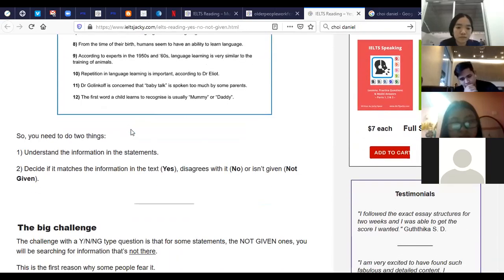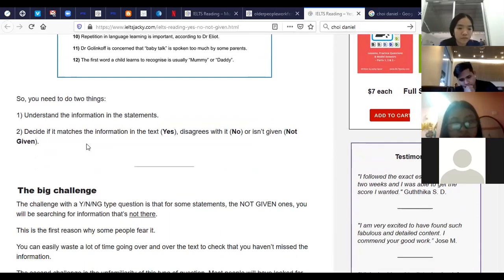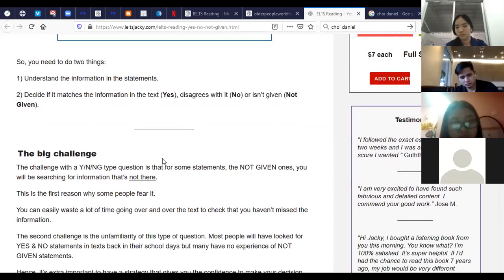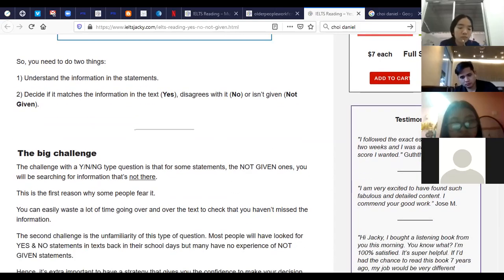First thing first, you need to understand the information of the statement. Read the sentences and know what they mean, so you can understand if it agrees or not with what the writer writes in the passage. It's tricky, of course, but once you get used to it, it becomes easy. How to get used to it? You practice, of course.